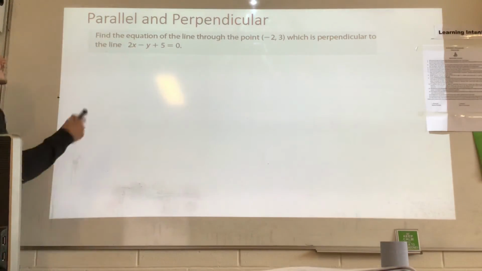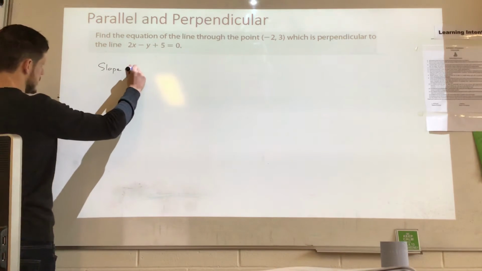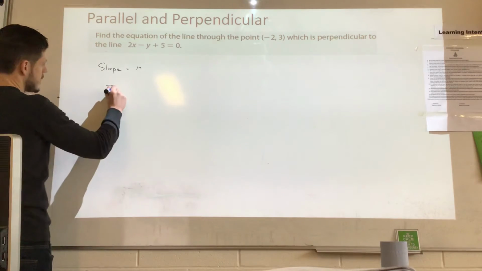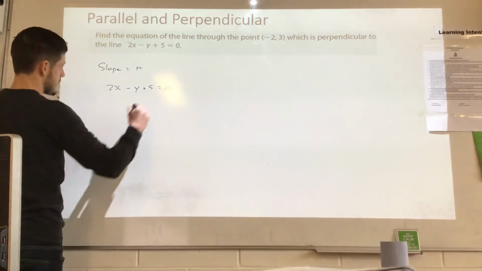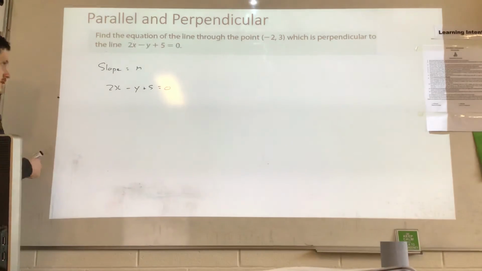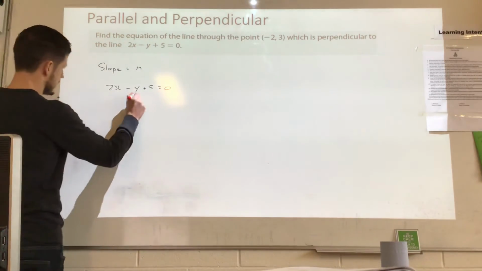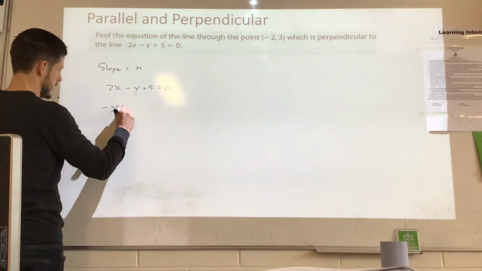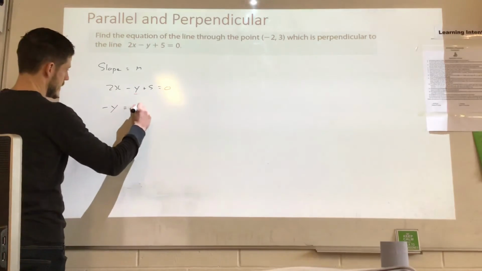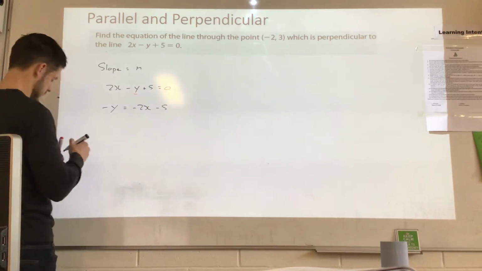So first of all, we have to find the slope of this line. So slope, as you know, is m. So I've got 2x minus y plus 5 is equal to 0. I'm going to get y by itself. So in order to get y by itself, I have to bring everything else over either side. So I have minus y, bring this over becomes minus 2x, bring this over, it becomes minus 5.